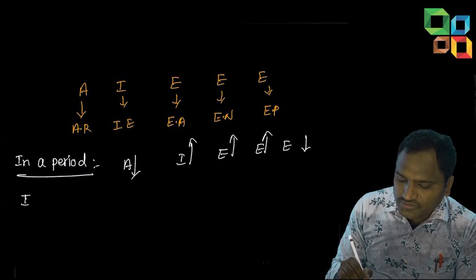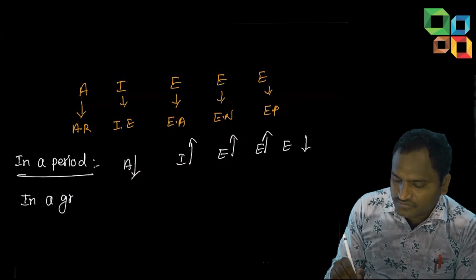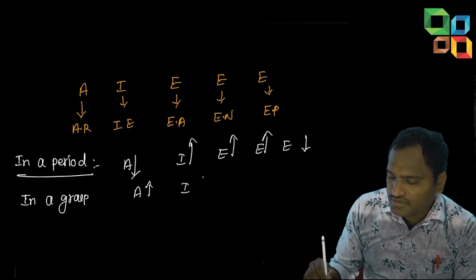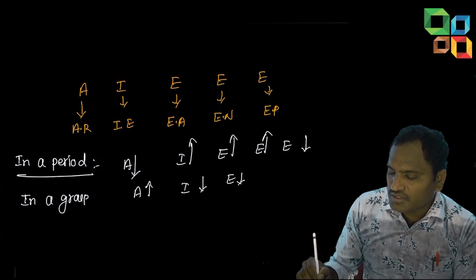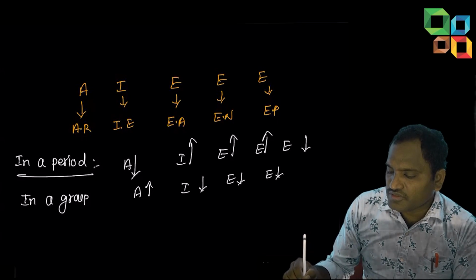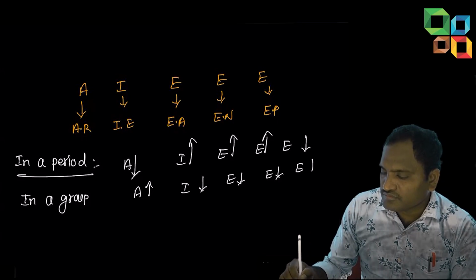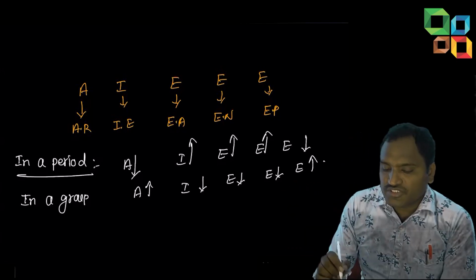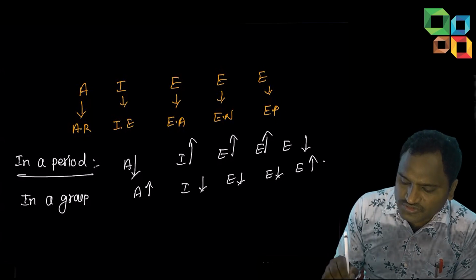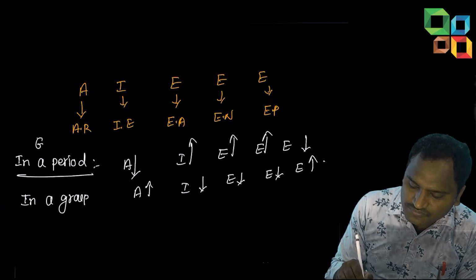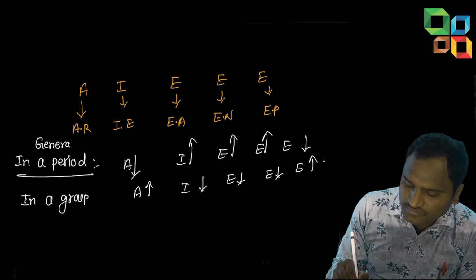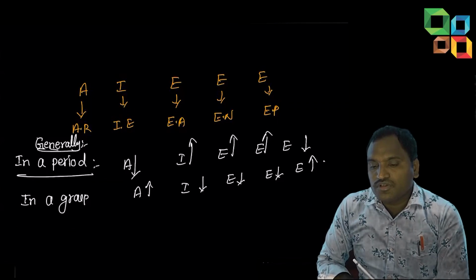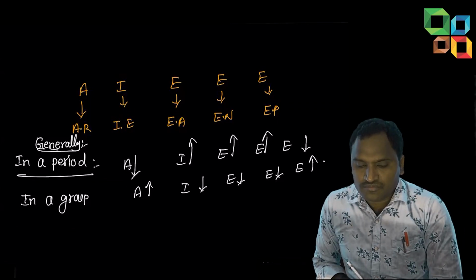In a group, it is the opposite: A increases, I decreases, E decreases, electronegativity decreases, electropositivity increases. These are the general change trends. There are some exceptions we already discussed. Generally put. This is about periodic classification and properties.